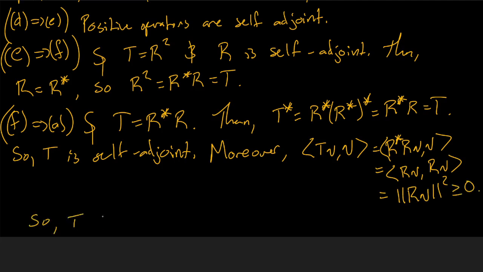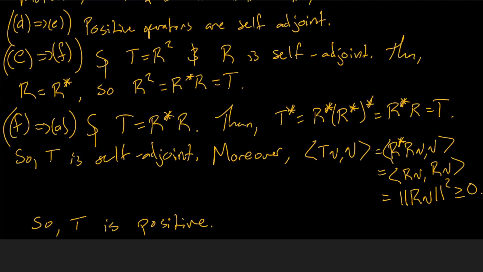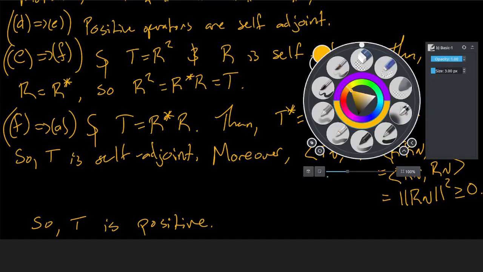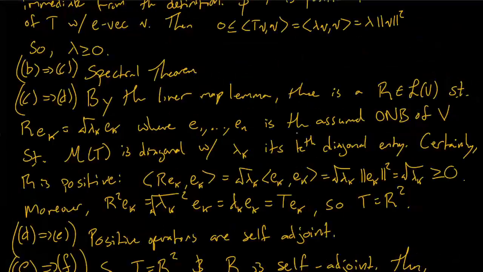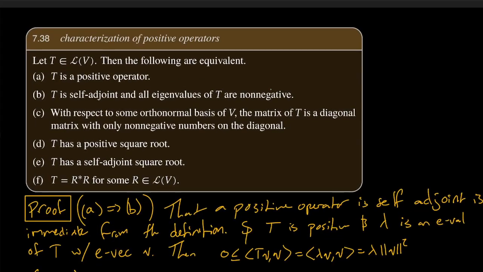So T is positive. We're done. Nice. How about that? That is pretty cool. We did it. So, positive operators: a lot of good properties. A pretty long proof, but mostly because this theorem just had a lot of different equivalences.